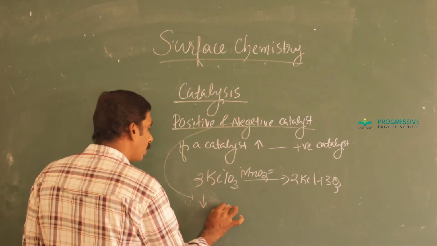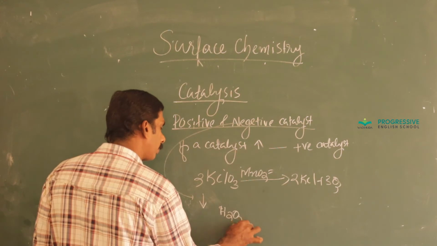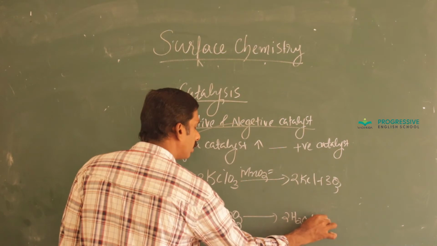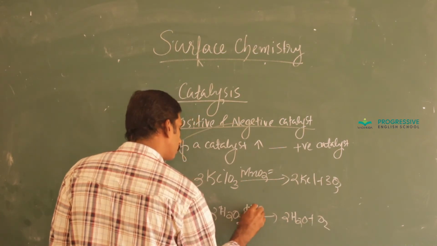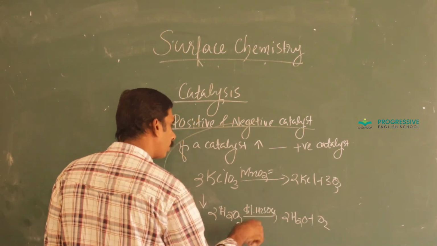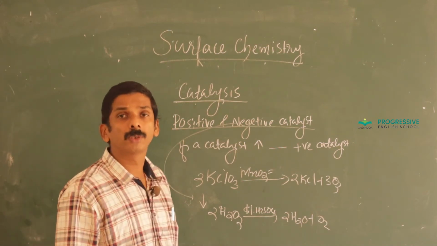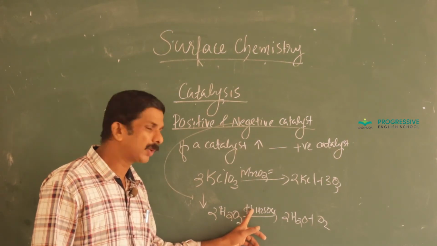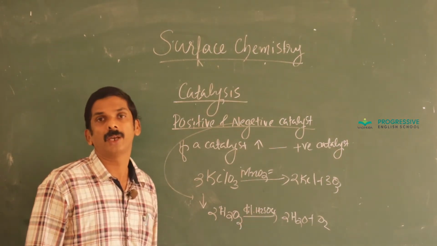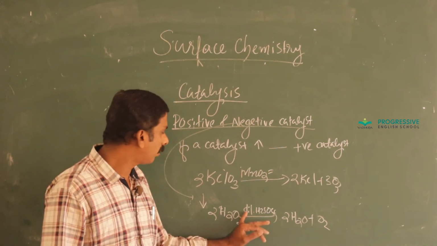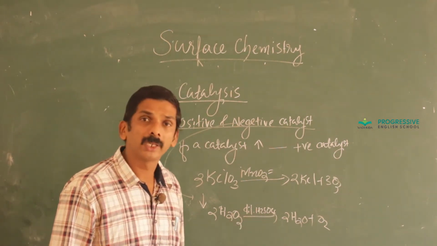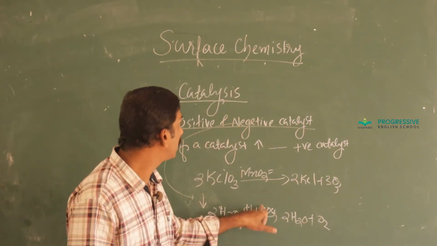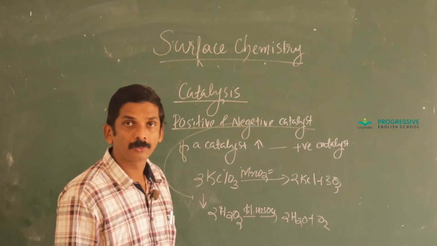For example, the rate of decomposition of hydrogen peroxide decreases in presence of dilute sulfuric acid, hence it acts as a negative catalyst.